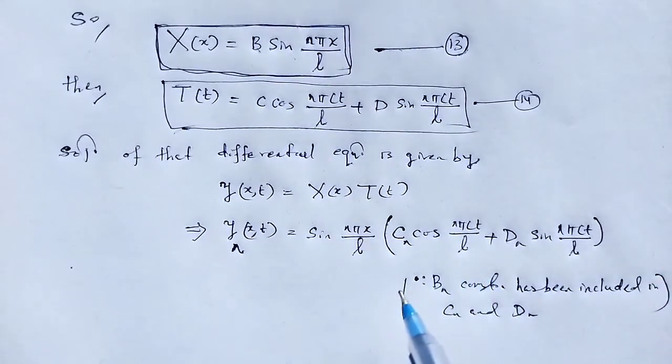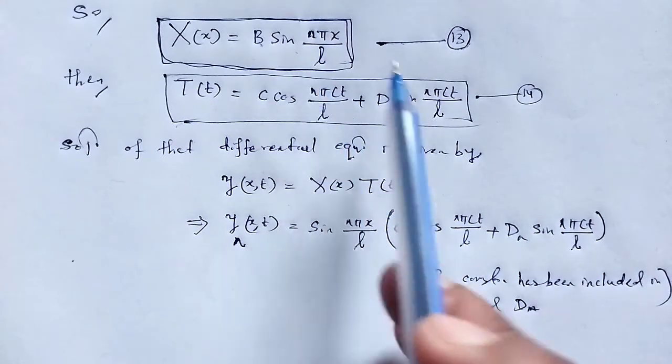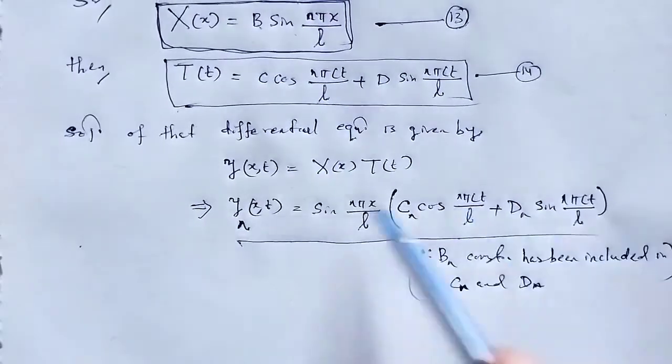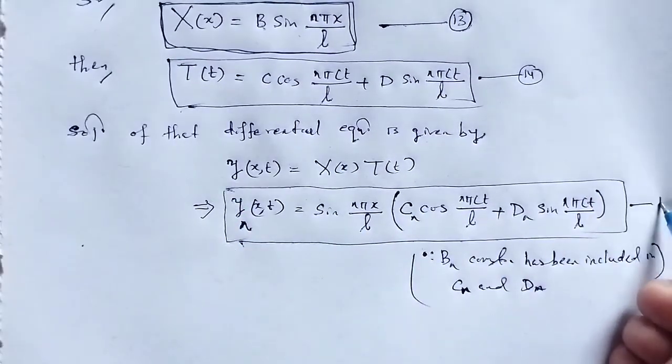That's the reason I don't mention the constant Bn here. Okay. Let this be equation number 15.